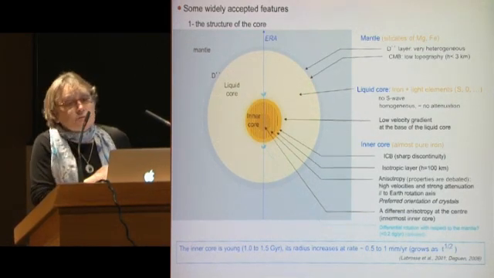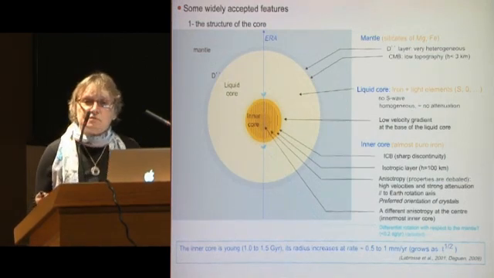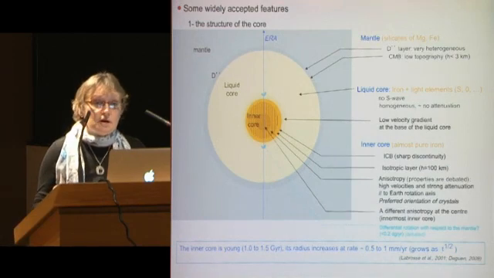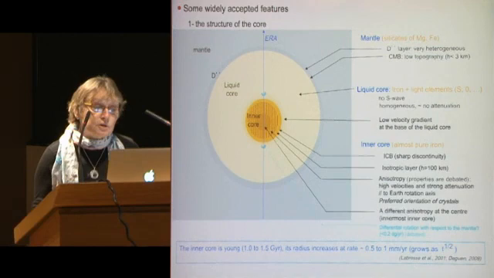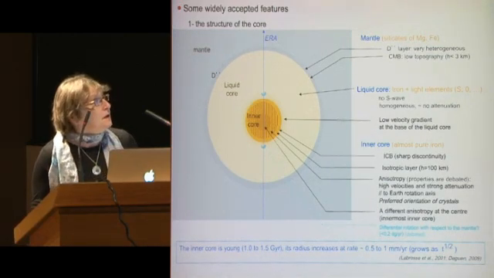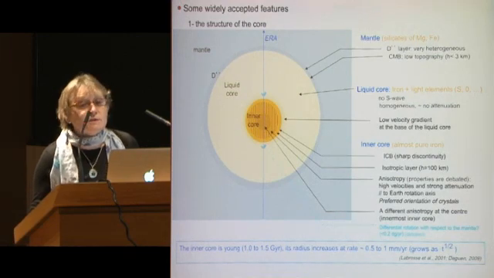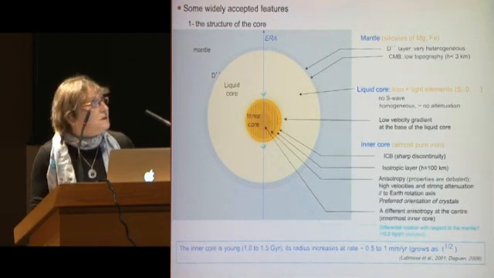Then you come into the liquid core. For seismologists, the liquid core is a medium which is very transparent. It's a real liquid, I mean as liquid as water, so that no S-wave may propagate inside. And it has a very low attenuation, so waves go through the liquid core very easily.